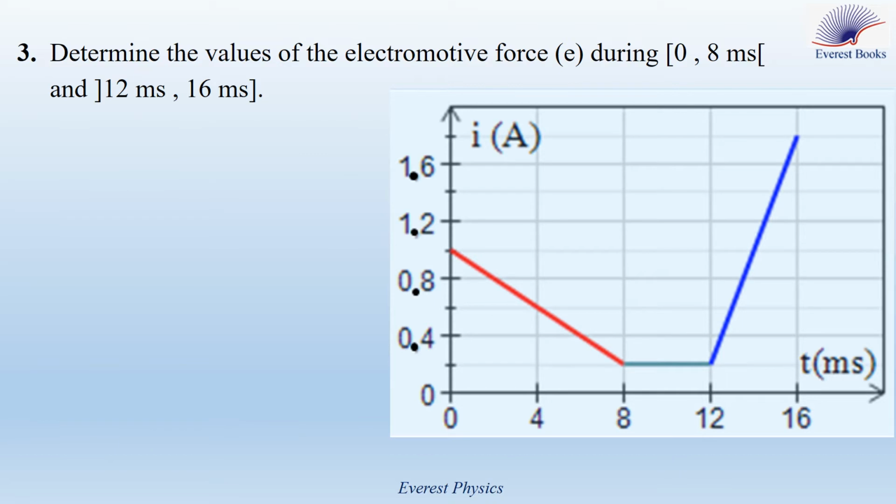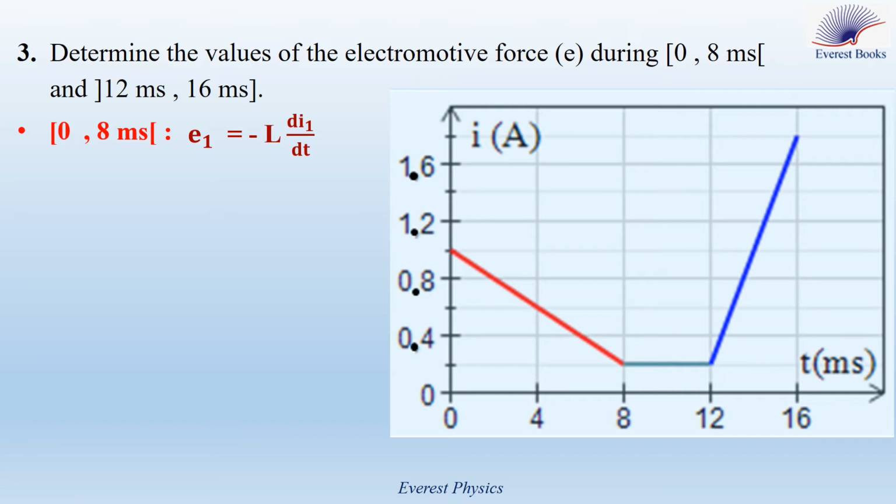Let's move to part 3. Determine the values of the electromotive force E during the time interval 0-8 milliseconds and the time interval 12-16 milliseconds. Let's start with the first time interval. You know that the induced electromotive force is given by this expression, E1 equals minus L dI1 by dt.